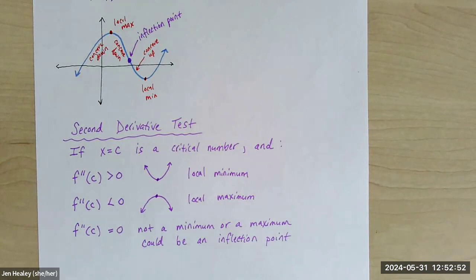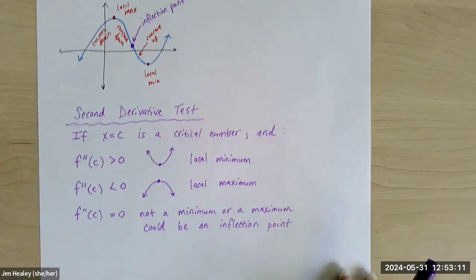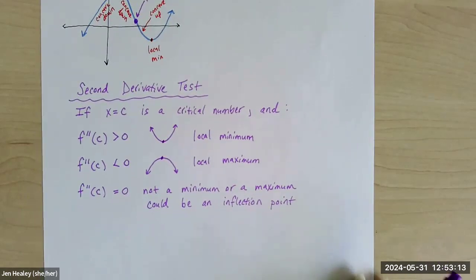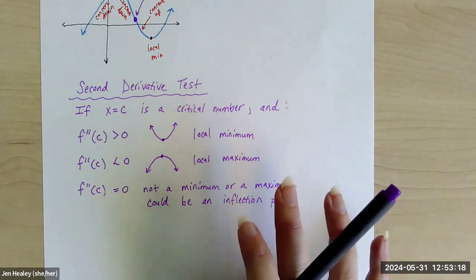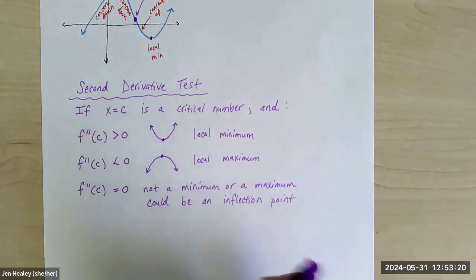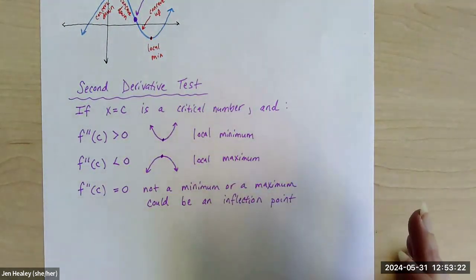So we want to think about what can happen. It's possible for things to be inflection points. It's also possible for us to actually not have an inflection point there. So these are potential inflection points. And so when we go through a list of things, these are things that could happen, but we have to go back and still plug values in to actually figure out what is actually at some of those points.